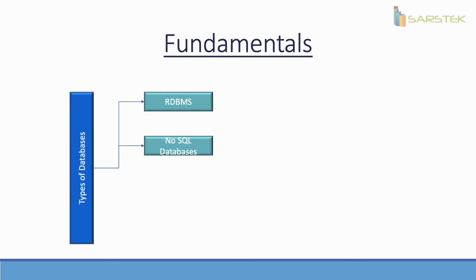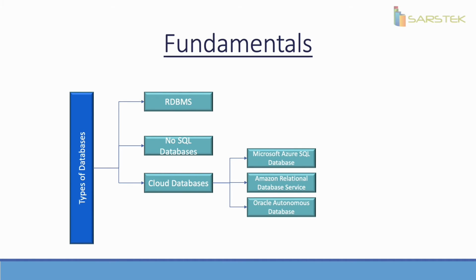Then we have NoSQL databases. NoSQL is something which doesn't use SQL, meaning mostly it is not a structured database. They are actually unstructured databases. Cassandra and MongoDB are the most popular examples of NoSQL databases in the market. There is another type, the cloud database, which resides on the cloud.